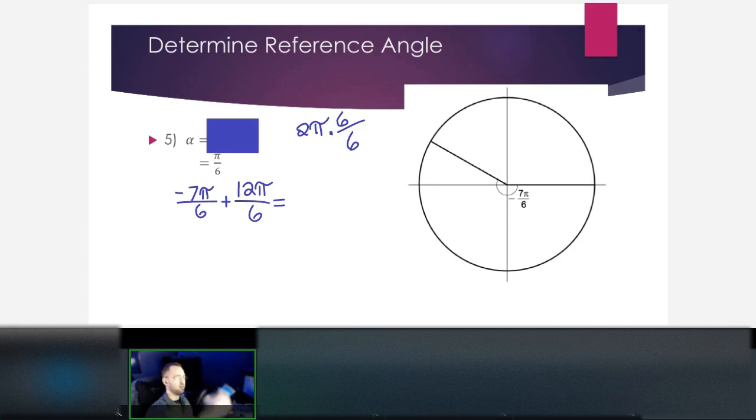So negative 7 plus 12 is positive 6. Right. No. Right? Someone, what's negative 7 plus 12? Before I hurt myself. It's 5.